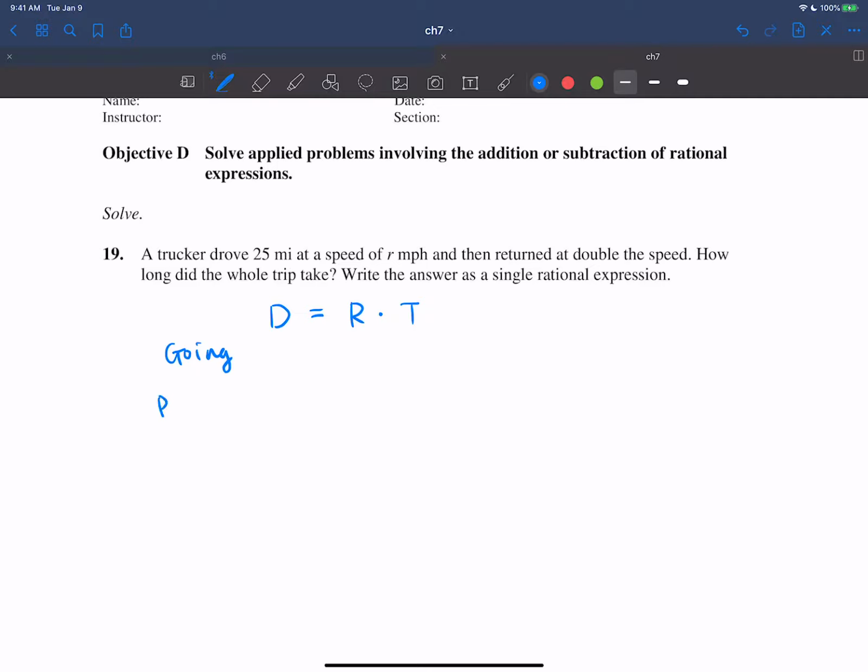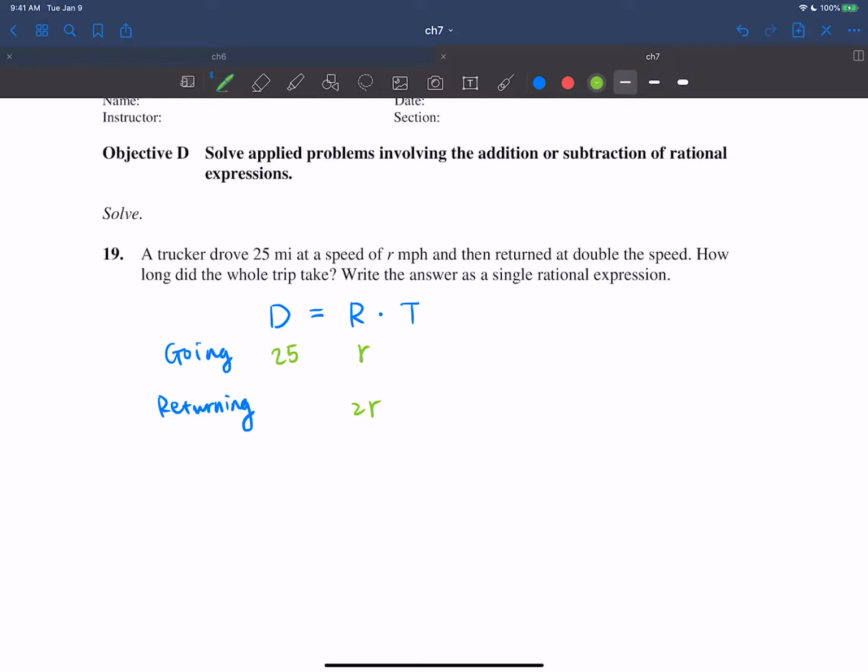Going, returning, and then you fill in the blanks. The going distance is 25 miles, so you're going to put 25 miles right here. That's the distance. The speed is r, so you put an r right below the r. And the returning is double the speed, so it will be 2r.